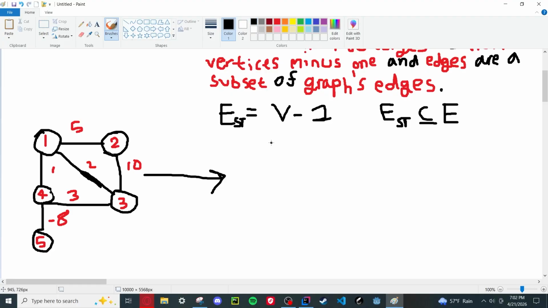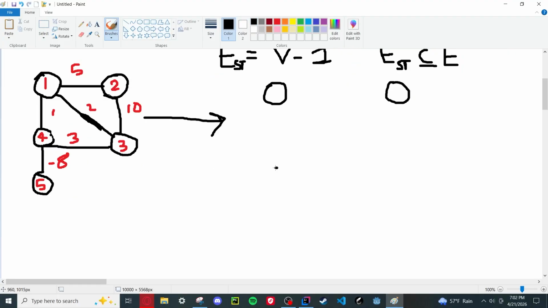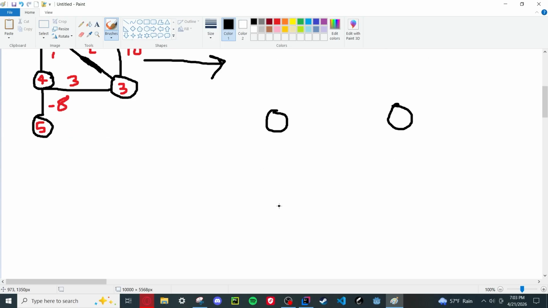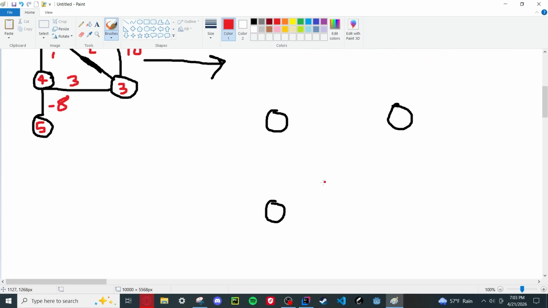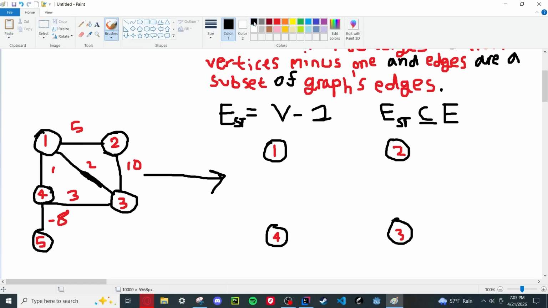The same principles hold, except when you're using your weights now, when you're making your subtree and picking your edges, you have to also use the corresponding weights.